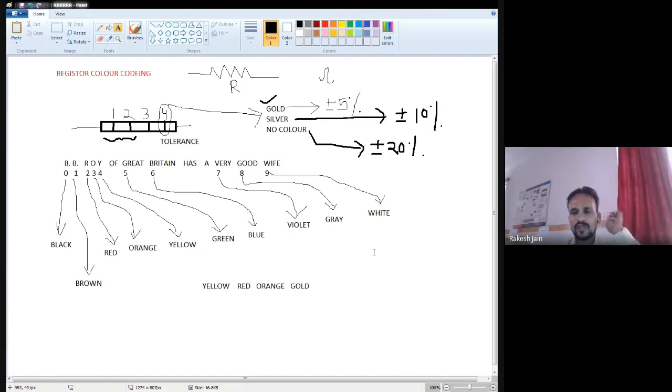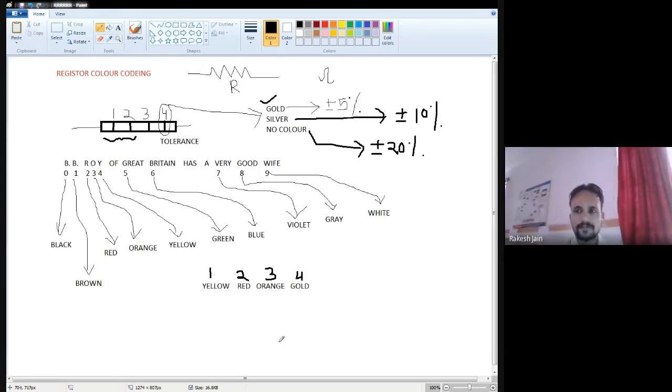First of all, you should know which one is the first color, second, third, and fourth. As I told you, the fourth one is the one in which either gold, silver, or no color is there. Here the last color is gold, so this is your fourth color. It means the opposite side starts from first, then this one is second, and this one is third.